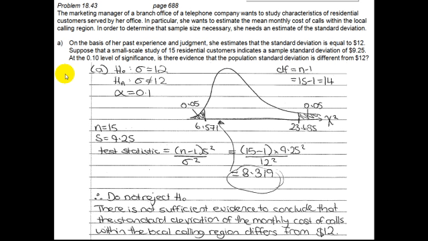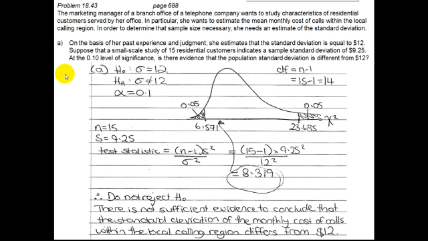Our alpha is 10%, which is 0.1 as a decimal, and we can then go to setting up our decision diagram. Now a one population test for standard deviation or variance is a chi-squared distribution. So I draw up my decision diagram. It's a chi-squared diagram, and I know for the chi-squared distribution I must have degrees of freedom.